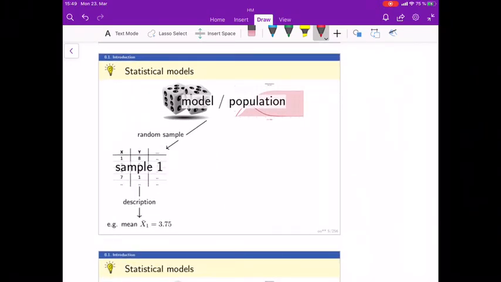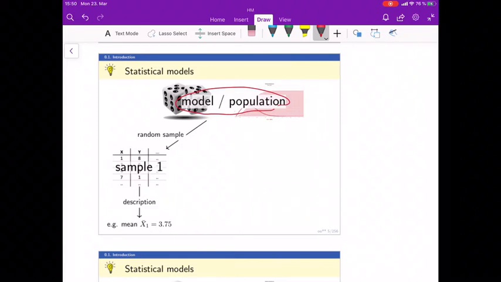What we're then going to do is we assume that this data that we have doesn't just happen, it happens with purpose. There's a model or a population of data behind this, and we've just seen a bit of it, a sample, like rolling the dice 10 times, that's our data, but we know there's an actual die that we can look at and find out whether it's a fair die or whether the numbers come with the same probability or not. We're looking at what's behind the data.